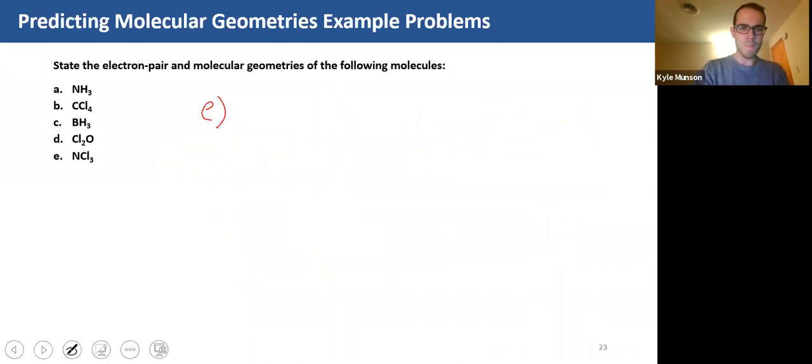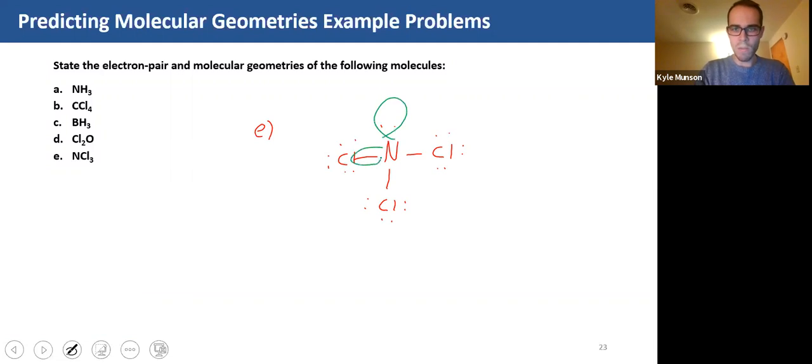Let's do one more. Actually, why don't you try to do this guy? Write down the Lewis structure and then go ahead and write down its shape. Okay, so here's its Lewis structure. We're only worried about the nitrogen here for our geometry.